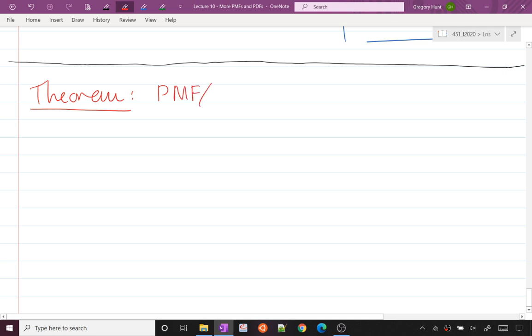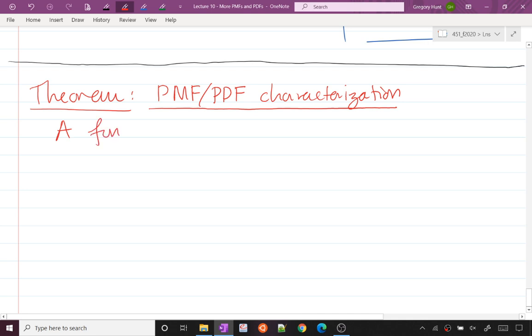PMF / PDF characterization. Okay. So, a function f is, we're going to call it, quote, valid PMF or PDF.